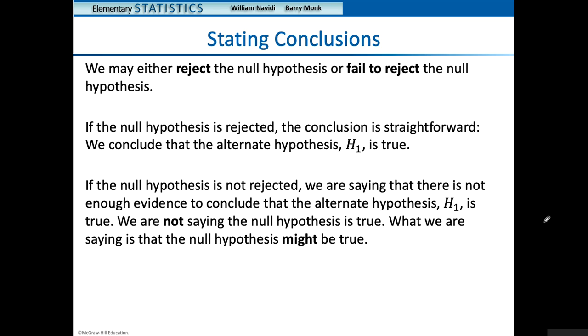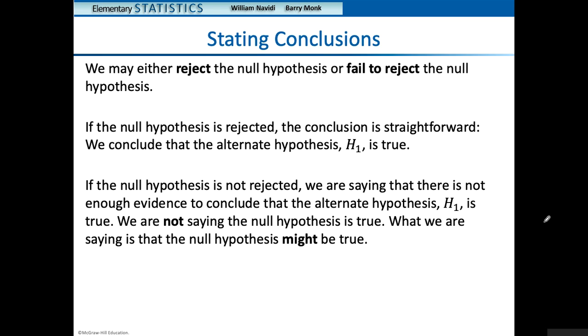If we reject the null hypothesis, the conclusion is straightforward because then we would just conclude that the alternate hypothesis is true. And that's really the purpose of establishing an alternate hypothesis, so that if we end up rejecting the null hypothesis, we'll have something to replace it with. That's the purpose of the alternate hypothesis.